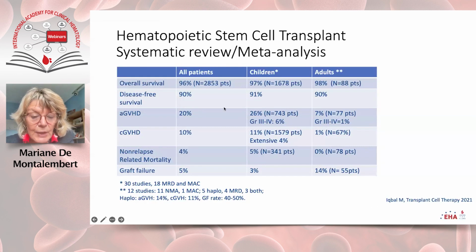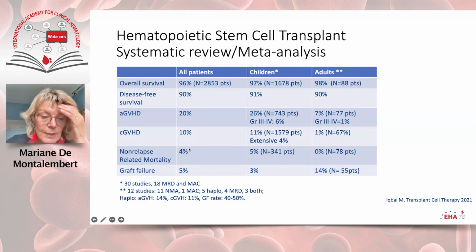But for instance, here in children, it is more clear because we know that there were many myeloablative conditioning and match-related donors. So globally, you can see that there is a non-relapse related mortality of 4%, acute GVH 20%, and chronic GVH 10%.